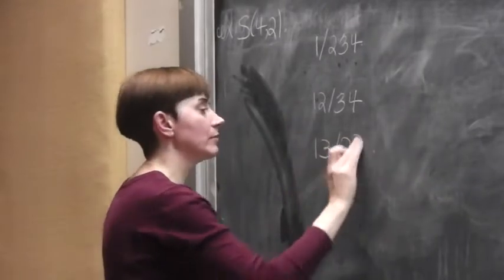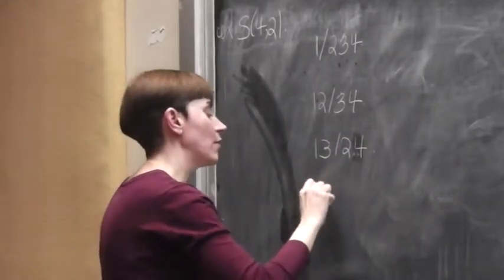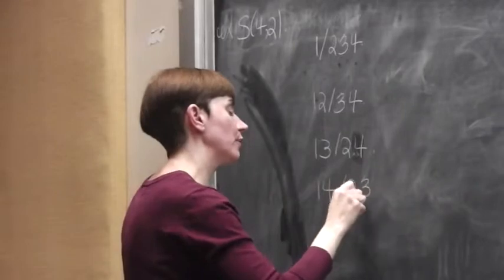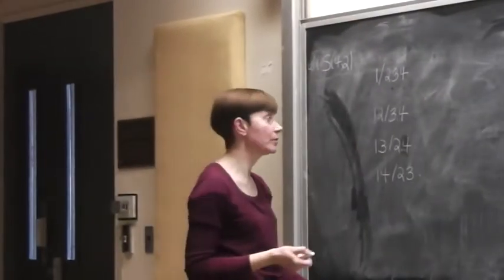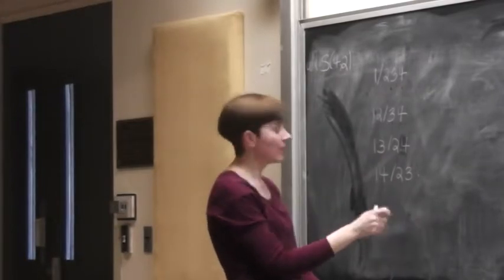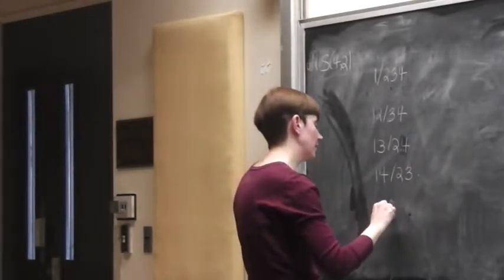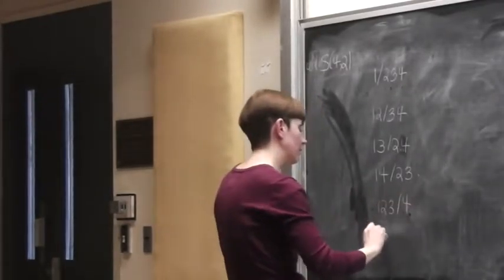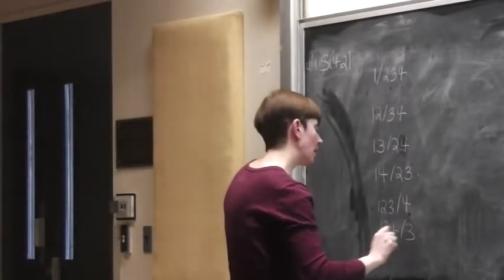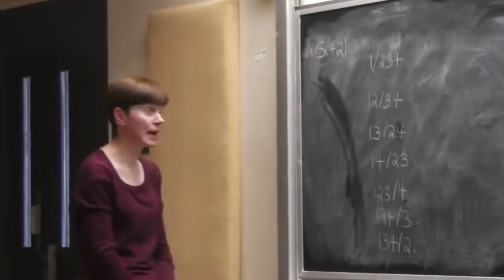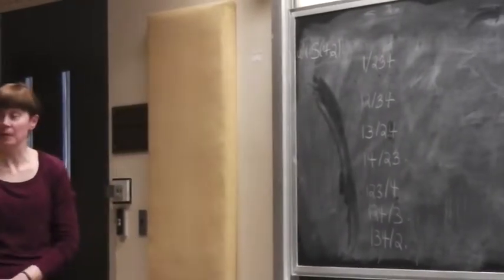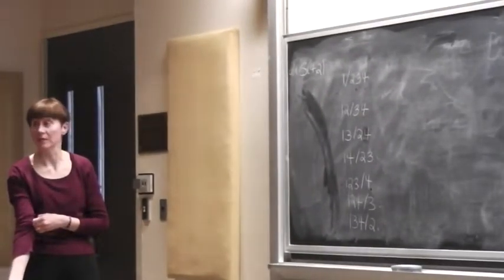So these are all the partitions with sizes 2 and 2. Finally, I can have a 3 block and a 1 block: 1, 2, 3 with 4 in its own block; 1, 2, 4 with 3 in its own block; 1, 3, 4 with 2 in its own block. So here we have 7. The Stirling number S(4,2) is 7.